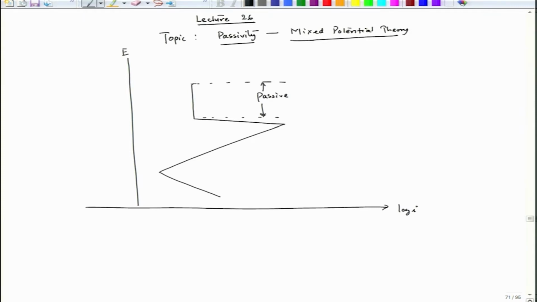So, now if we try to pinpoint those points, let us say if we start with transpassivity, when we have transpassivity, the line starts moving towards right again, and we have seen those zones. This is active zone, this is E equilibrium of metal, and this is I0 of M over M surface.